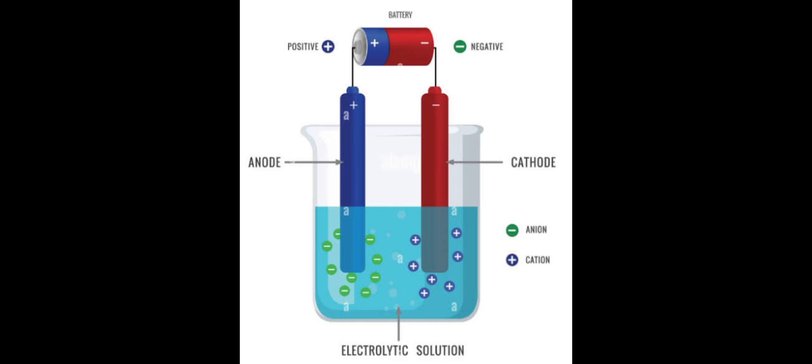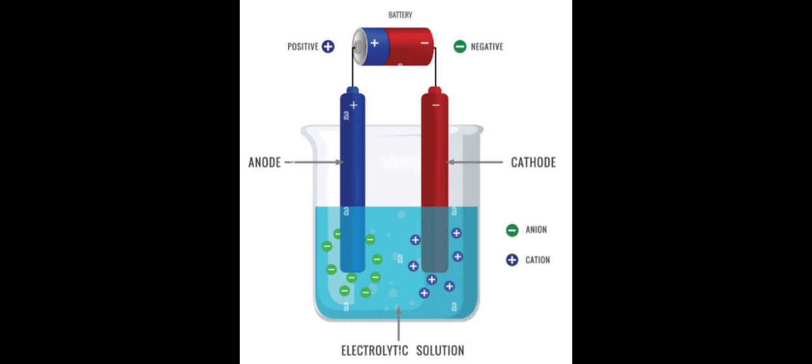In electrolysis, we use two electrodes placed in an electrolyte solution. The positive electrode, or anode, attracts negatively charged ions, while the negative electrode, or cathode, attracts positively charged ions.